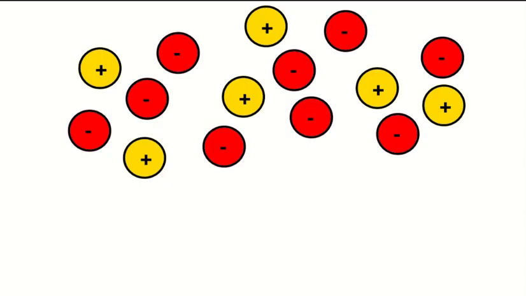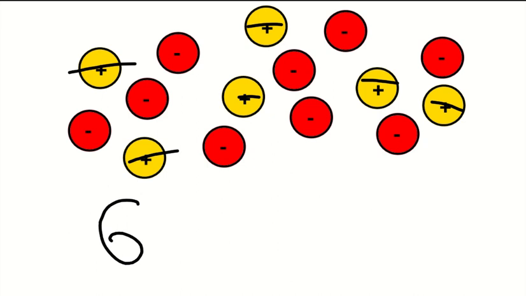I want to show a couple things with this. First off, all we would do is count how many positives, and count how many negatives. All right, if I count the positives, I got 1, 2, 3, 4, 5, 6. So I've got 6 positives.